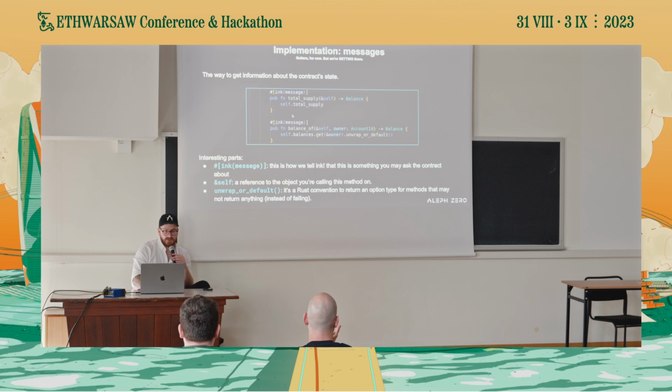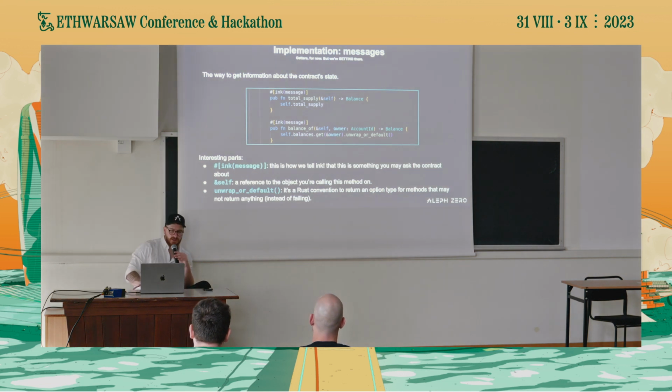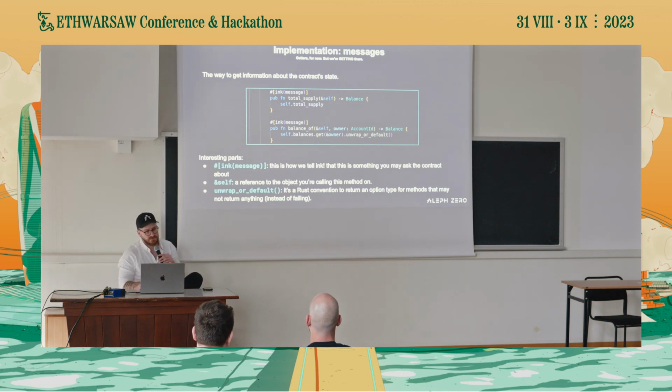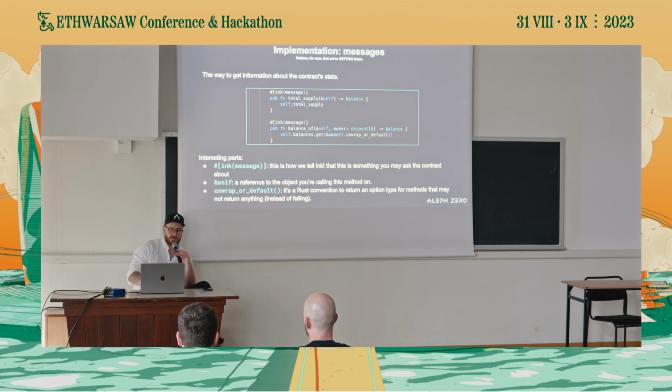And now we can call this handy method unwrap or default, which is saying basically, if there is something in the box, just return it. If there is nothing, return the default value for that type. Of course, the type needs to have a default implementation. We've seen how you do it before. And this is extremely convenient for our use case, in which if someone is not in our mapping, in our system, they don't have an entry, right?